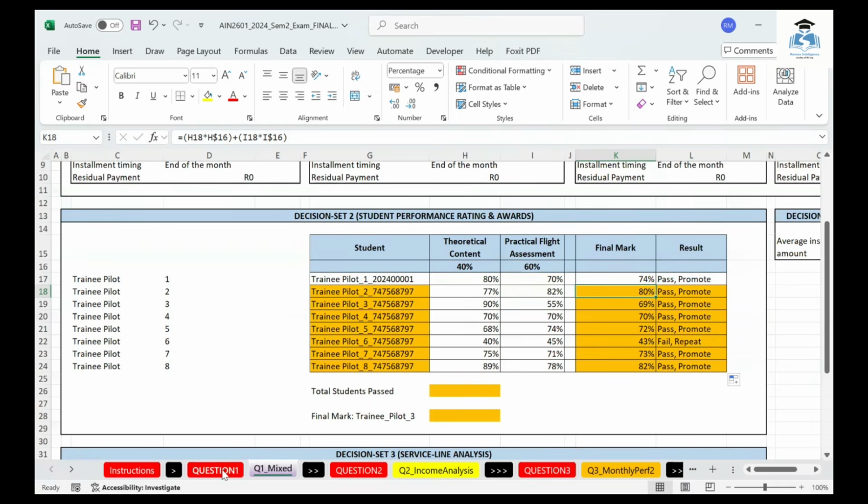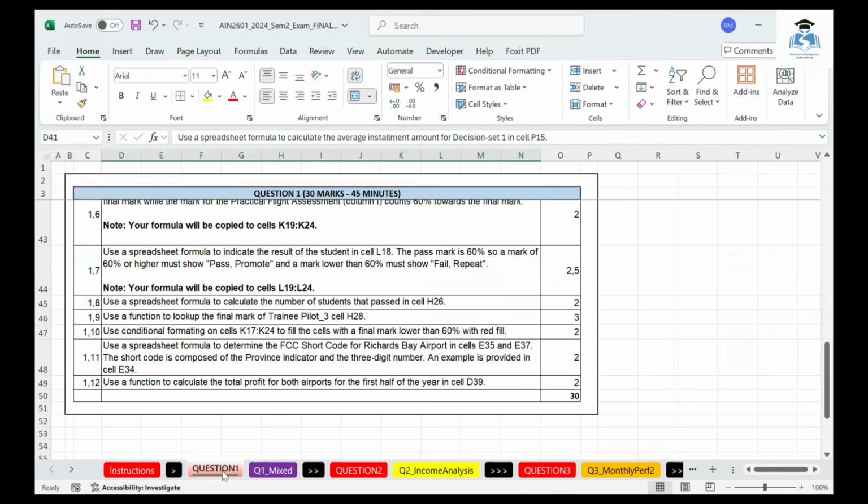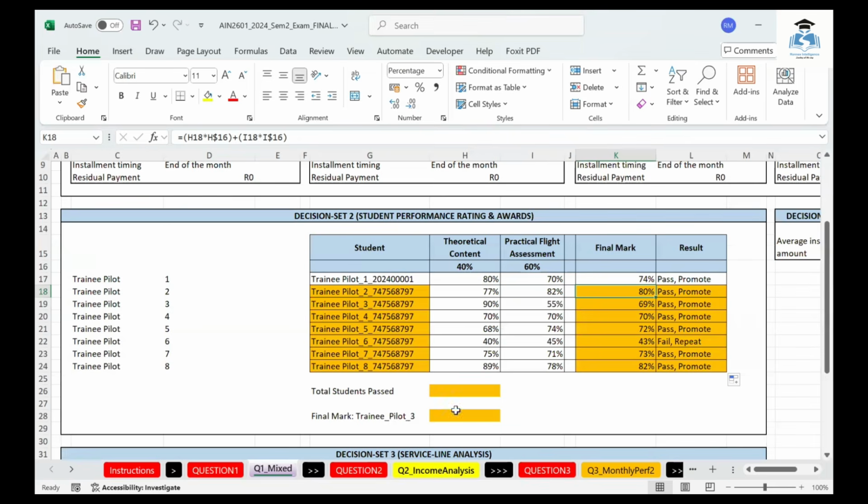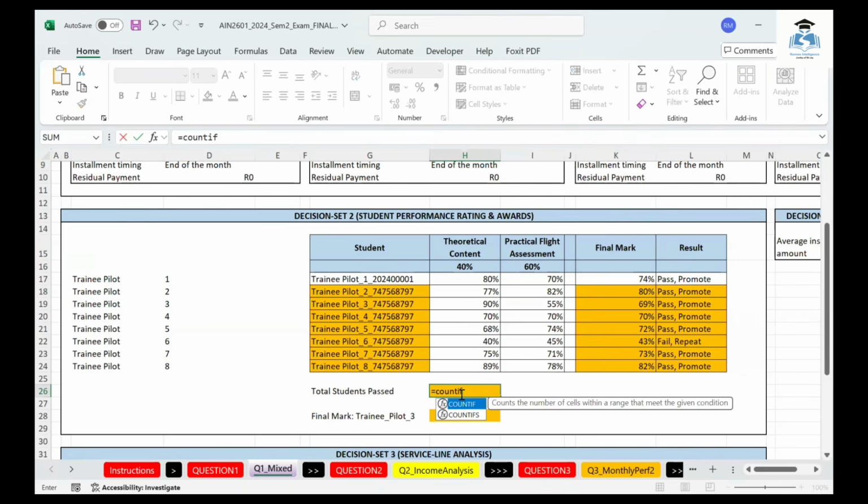We're using the COUNTIF formula. Say equal COUNTIF, L18 to L24, then comma, open quote, pass, comma, promote, close quote, then close bracket.